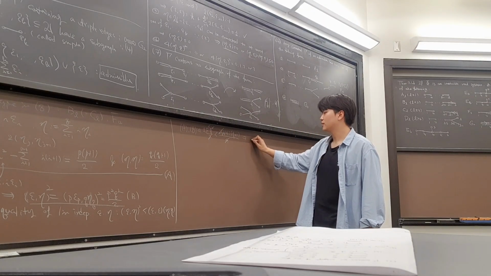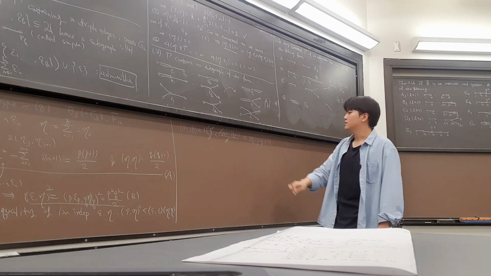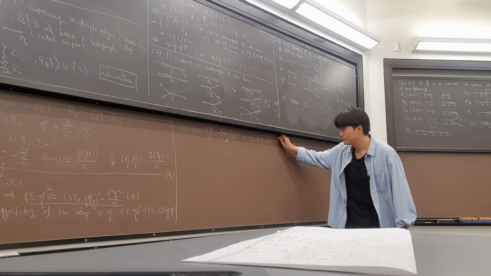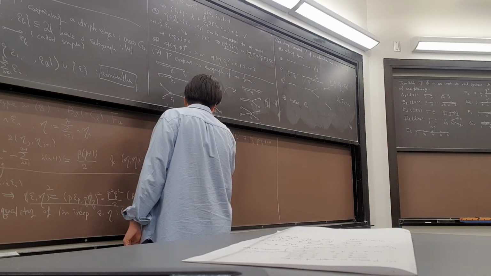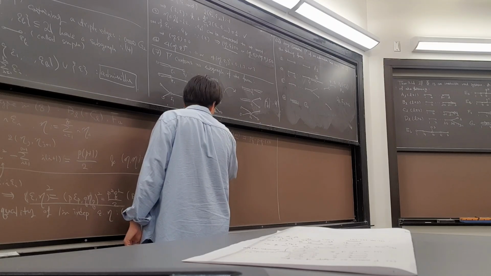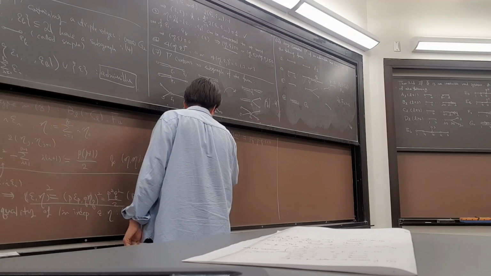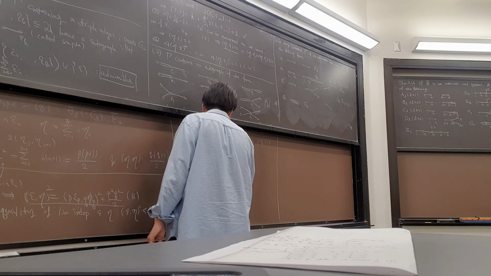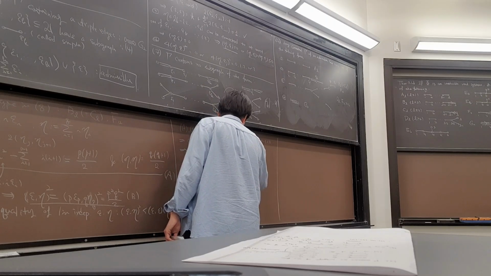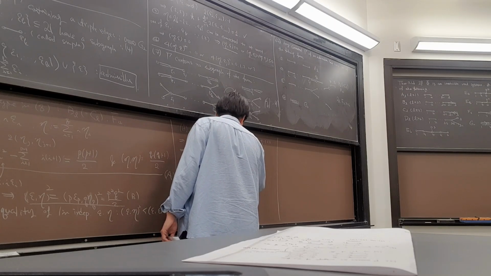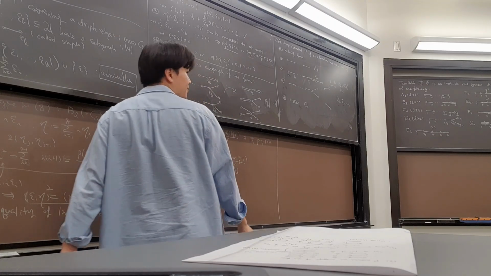So this implies that pq minus p minus q minus 1 is less than 0. And then this implies that (p minus 1)(q minus 1) is less than 2. And this implies that p and q are 2, or p is 1, or q is 1. And this gives us the BL case, right? And this gives us the F4 case.